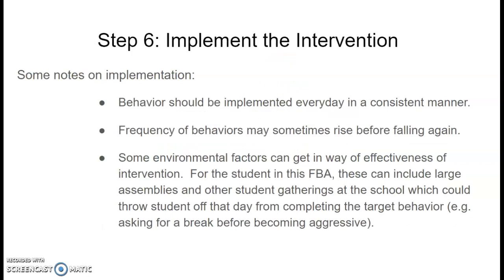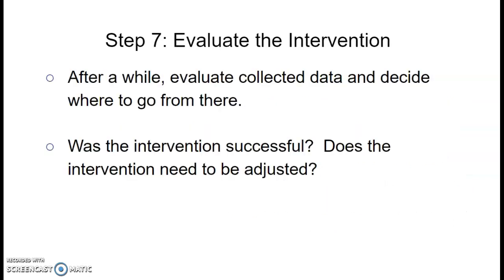So we want to make sure that it's implemented consistently. Understand that frequency may rise before falling again when first doing this, and that you want to take into account environmental factors. So for this student, it can be extra large gatherings, such as assemblies.